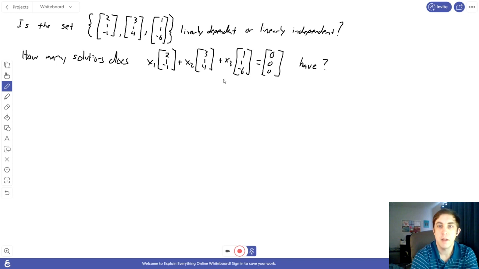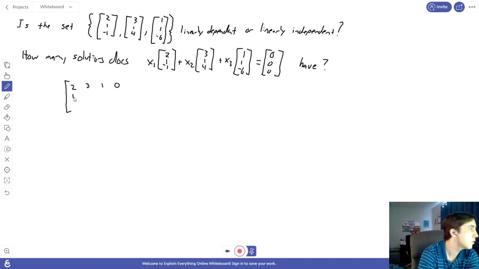So now we have a vector equation that we can solve. So we'll write down our augmented matrix to go along with this system. 1, 1, 1, 0.